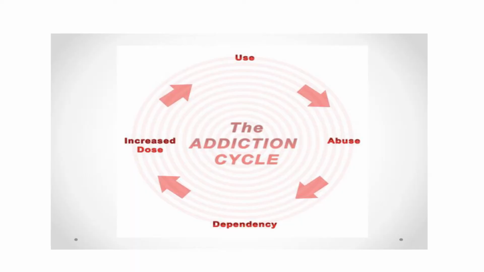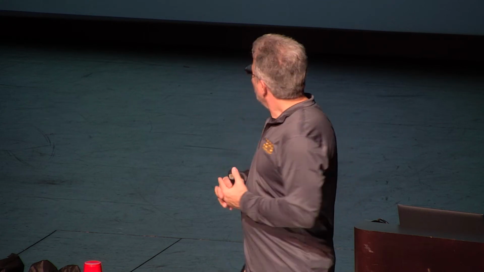In the addiction cycle, use leads to abuse. Use is just a regular user. You just use and socialize, and you use alcohol or drugs. Abuse comes in when there are negative consequences and you continue using.